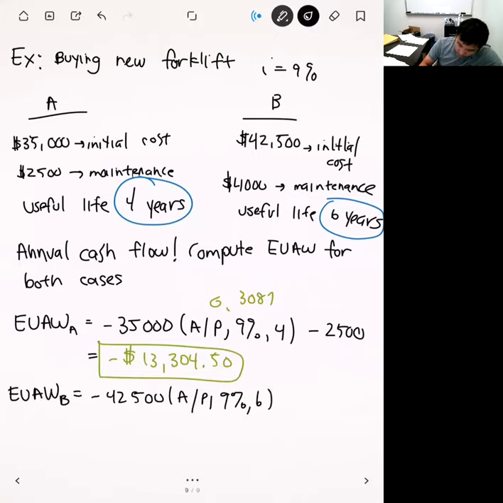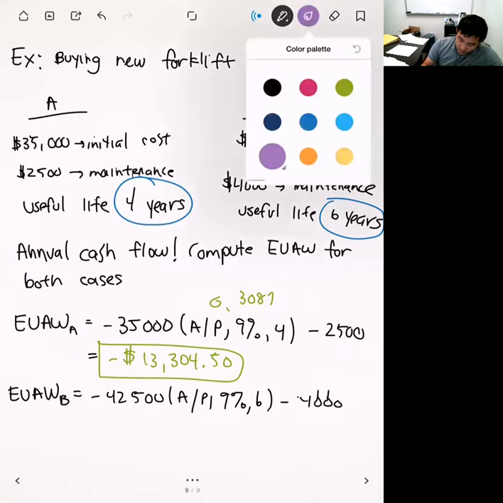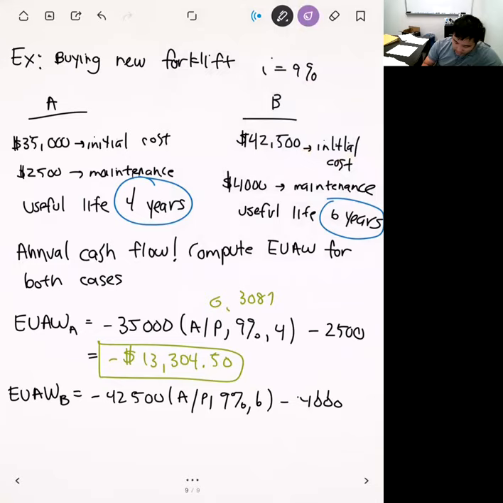Then we're going to subtract the maintenance cost, which is $4,000 a year, so we can just do that straight up. If we look up this conversion factor in the table, this A over P is 0.2229.